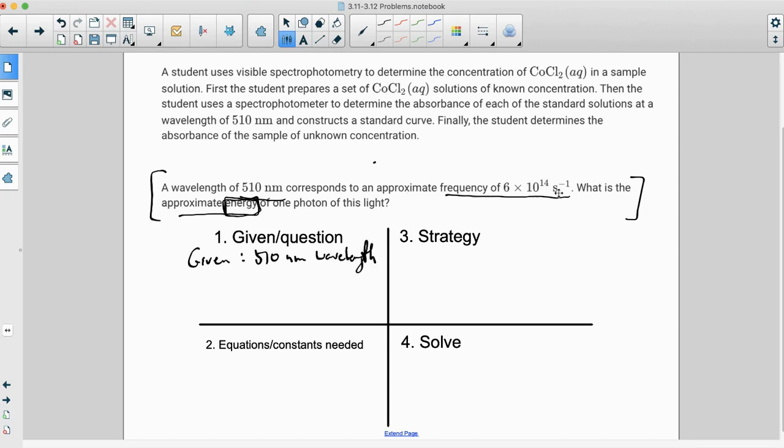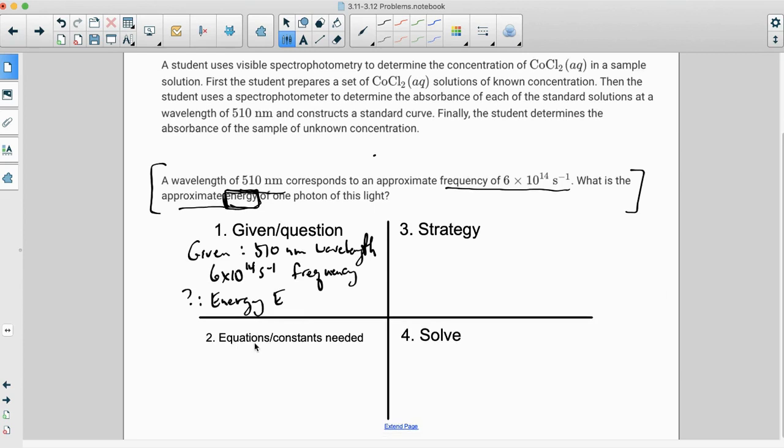And then it also gives me 6 times 10 to the 14th seconds to the minus 1. That's my frequency, and it tells me that. And then my question is, it says, what is the approximate energy? And I boxed what I need to find. So I need to find energy. That's going to be E, and I know that that will be in joules.